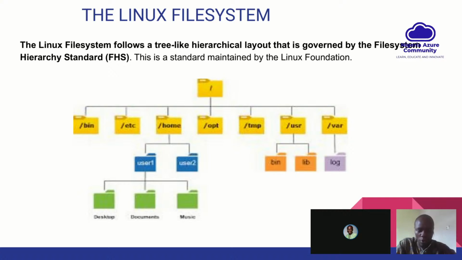And under those other directories, you can have all other things. So for following along, this is a simple diagrammatical representation of the Linux file system. It is in the form of a tree from the root down.